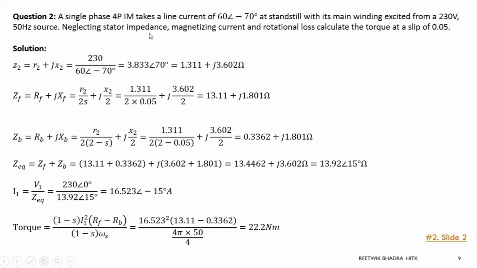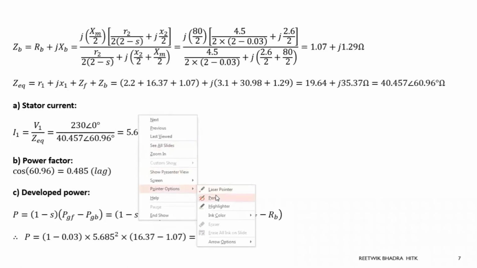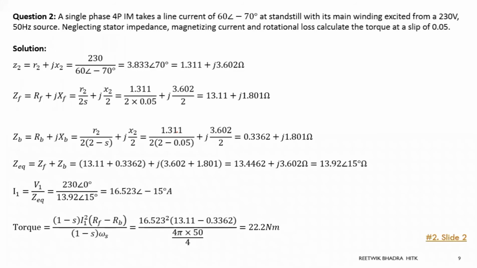Go by the problem, again and again I am repeating to you, go by the problem. Stator impedance is neglected, so this formula is modified into, this part gets cancelled out, so Z equivalent is equal to ZF plus ZB. That is what my formula is.